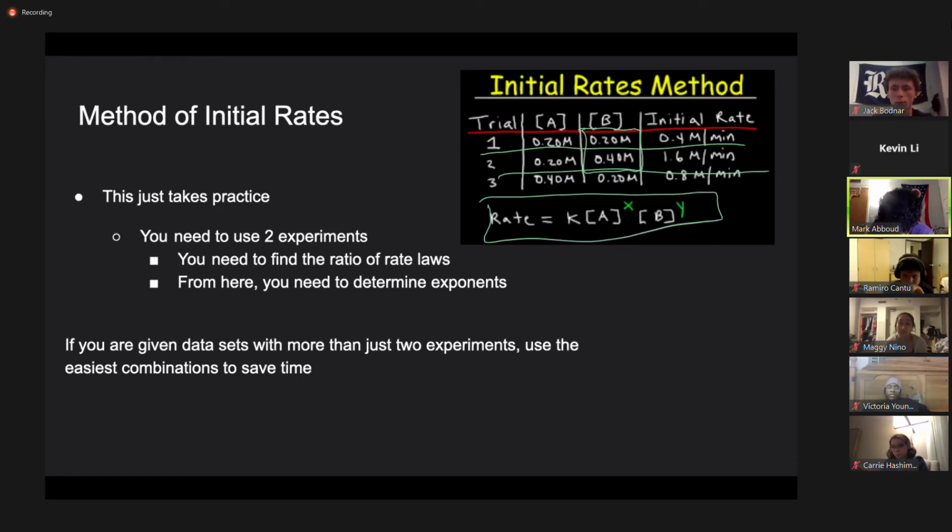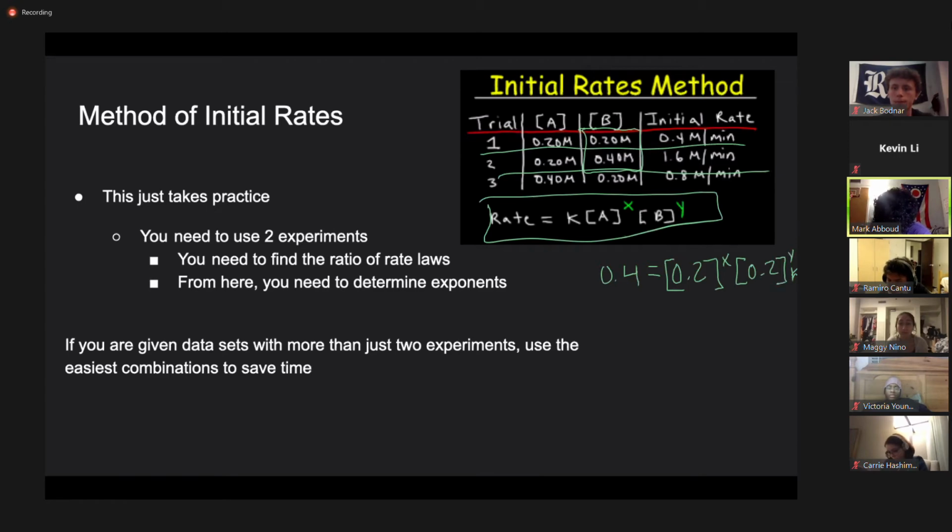So we know the initial rate for trial 1 is 0.4, which equals k times 0.2 to the x and 0.2 to the y. Sorry, I ran out of room there.